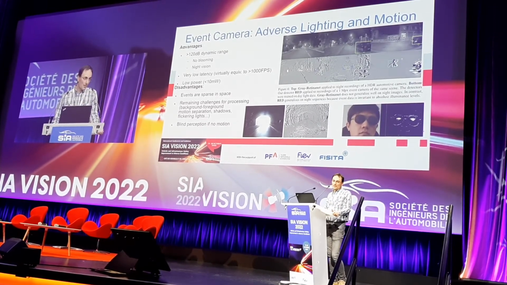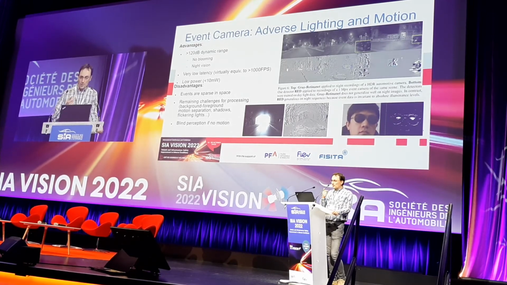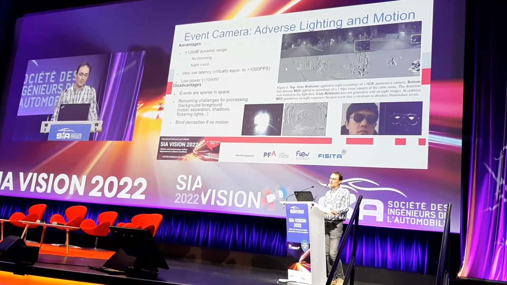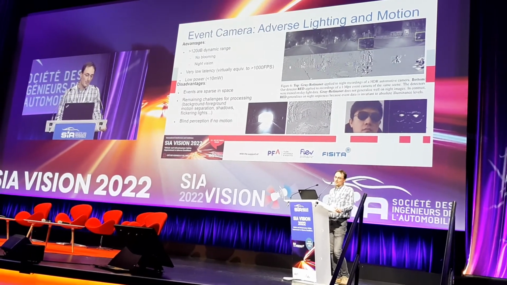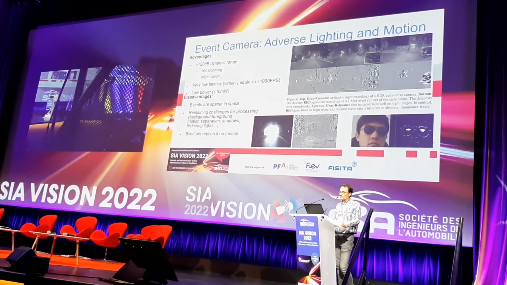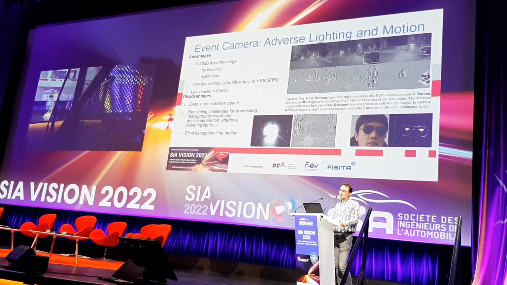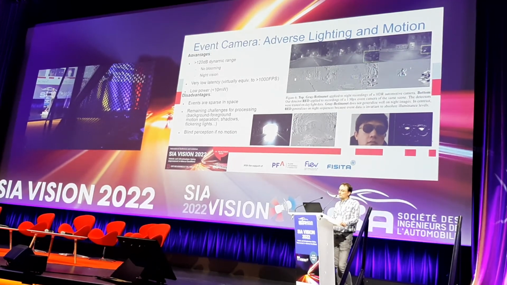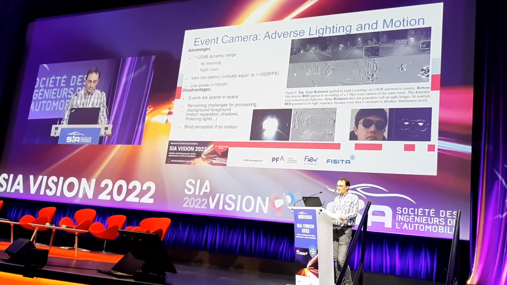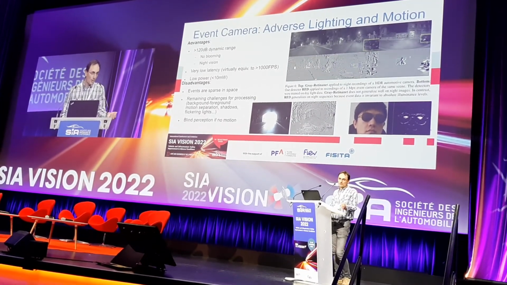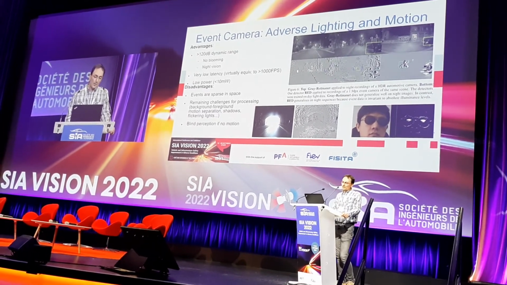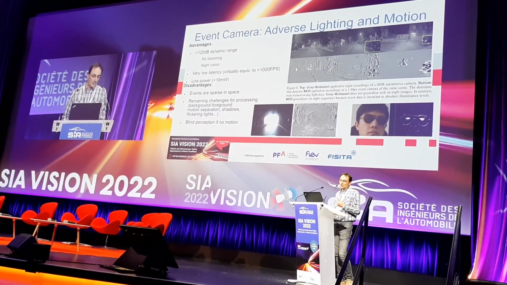It has a very big dynamic range because it works only by measuring the light differences, so it has widely better dynamics than a standard camera, even an HDR camera. It can work at night, and it is very fast. It has a microsecond temporal response that allows very low latency, and it needs less power than a comparable RGB camera.